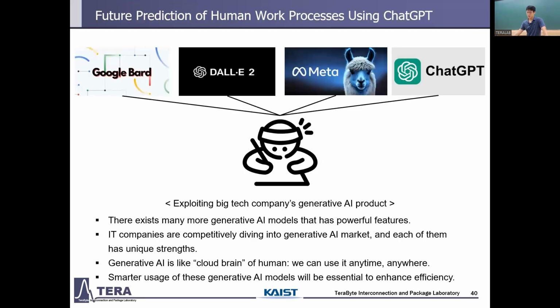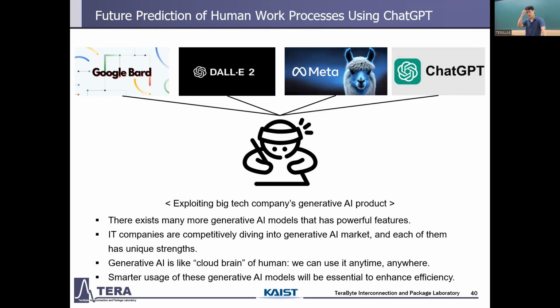And we are predicting human work processes using ChatGPT. As we already know, there exist many more generative AI models with powerful features, such as Google Bard, DALL-E, Llama from Meta, and ChatGPT. A lot of these big tech companies are competitively diving into the generative AI market, and all these generative AI models have unique strengths.